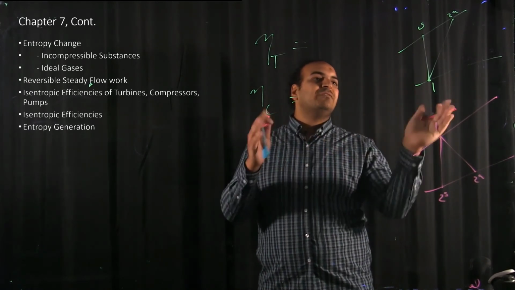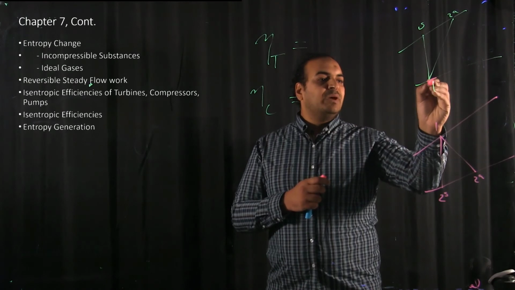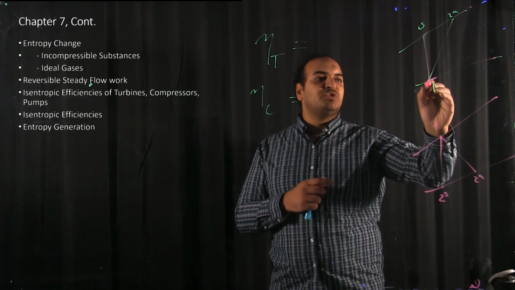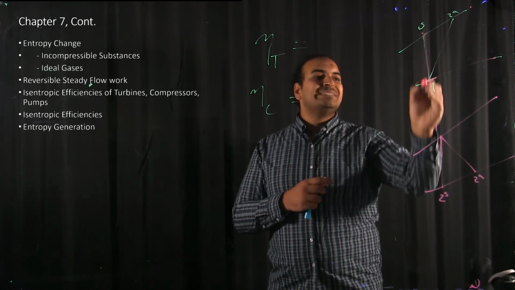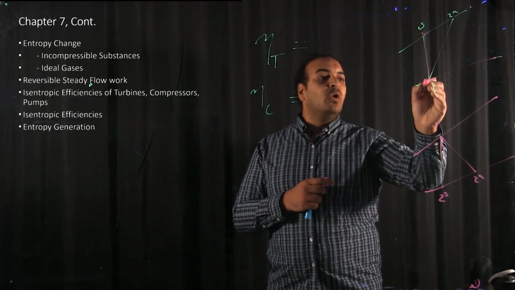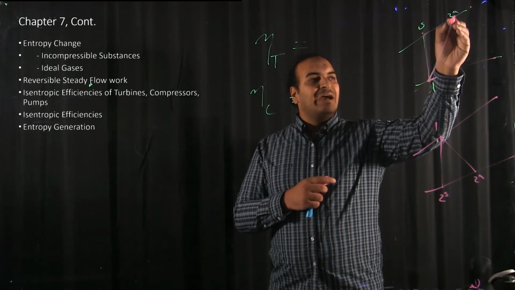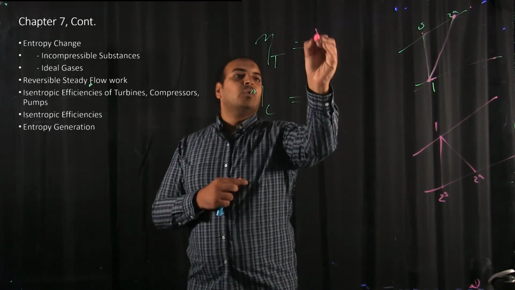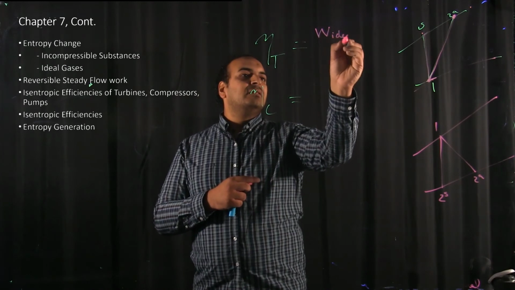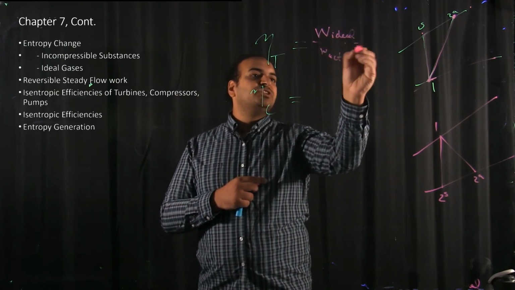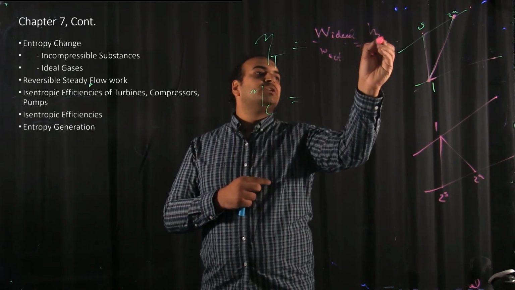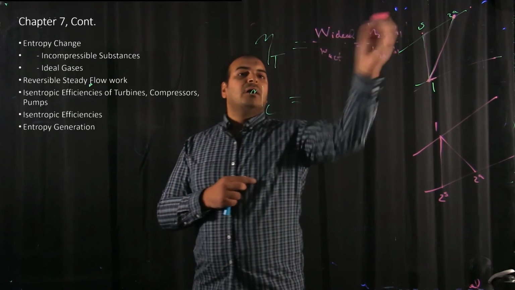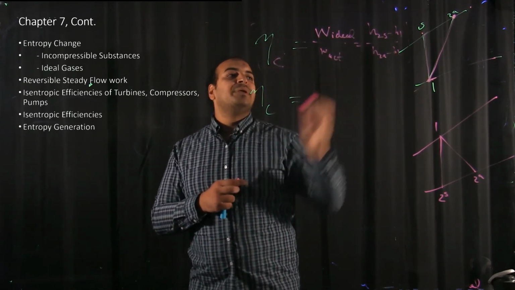The pressure lines are always diverging. I want to compress from P1 to P2, P2 at 10 atmospheres, P1 at 1 atmosphere, a pressure ratio of 10. I can go vertically with 0 entropy increase, isentropic, or in reality, we have some friction, some heat, some irreversibility. So the work ideal over actual, in terms of the first law, is H2S minus H1 over H2A minus H1. This is the compressor efficiency.